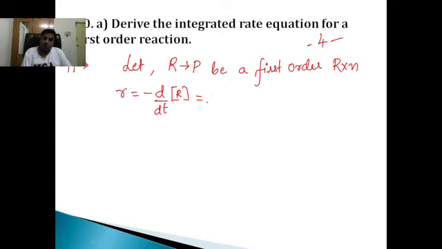Rate is equal to K into concentration of R to the power 1, because it's a first order reaction.